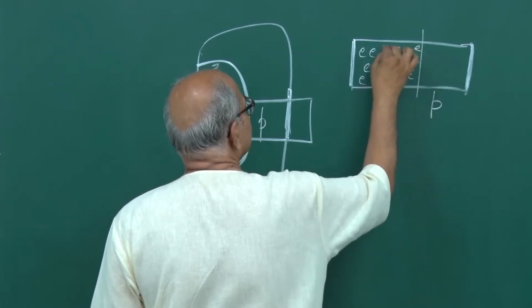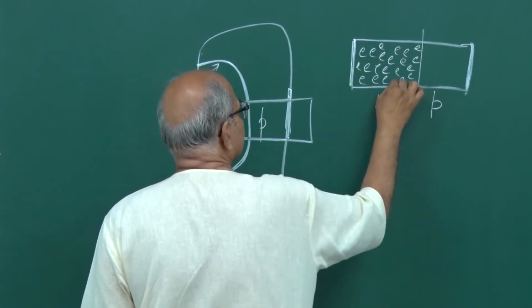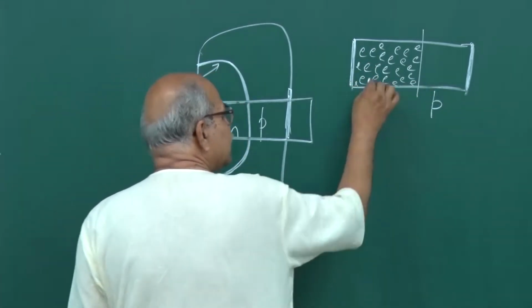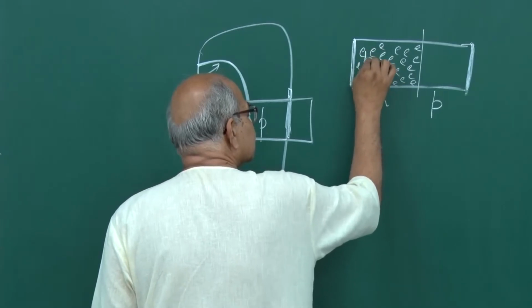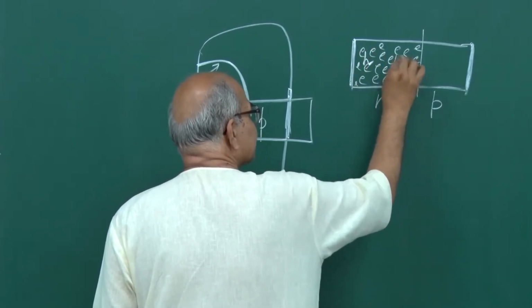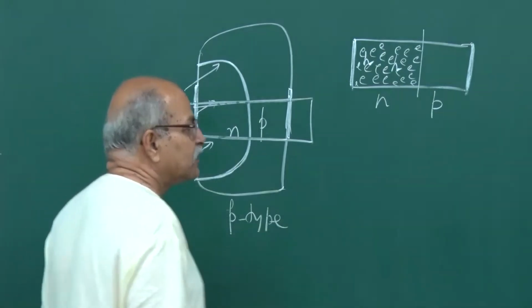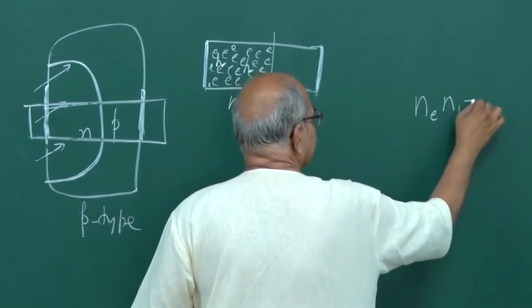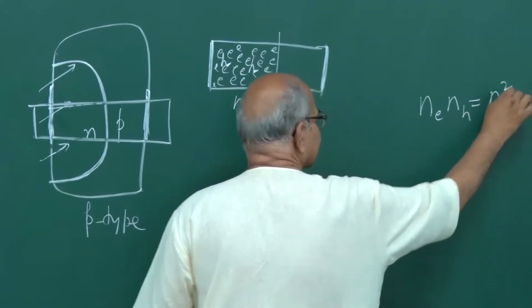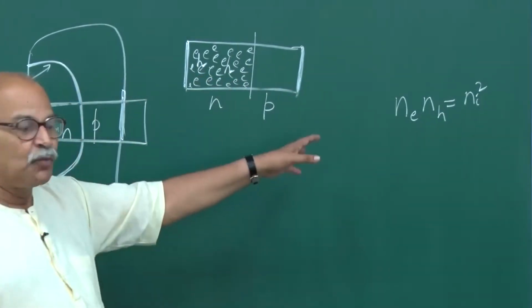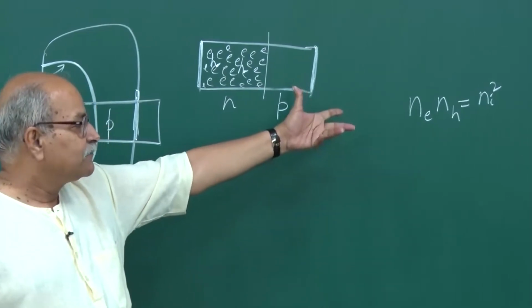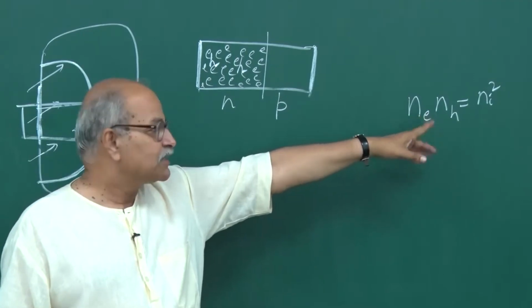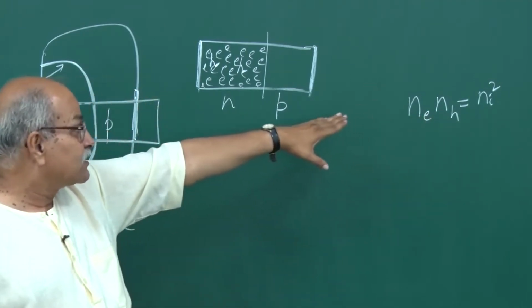You have free electrons here, and you have some holes here in between, a small amount. Remember, n e into n h, that is fixed, n i square. And for a ppm type doping, we had calculated that the number of holes reduces to a few thousands per centimeter cube, but they are still there.